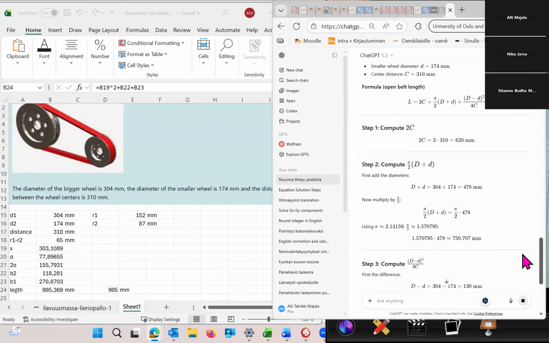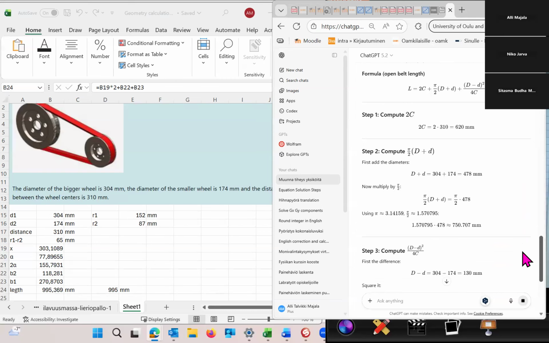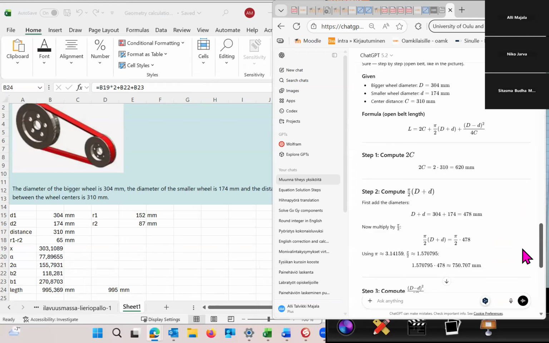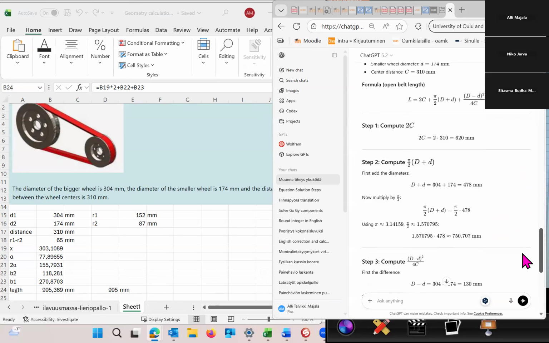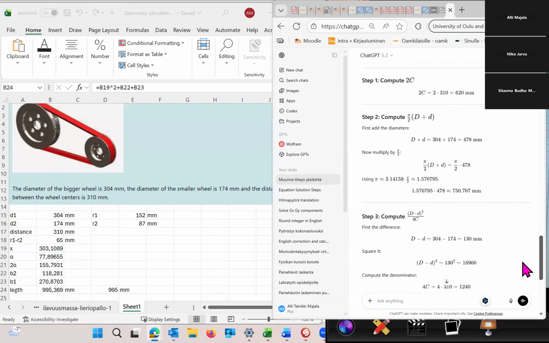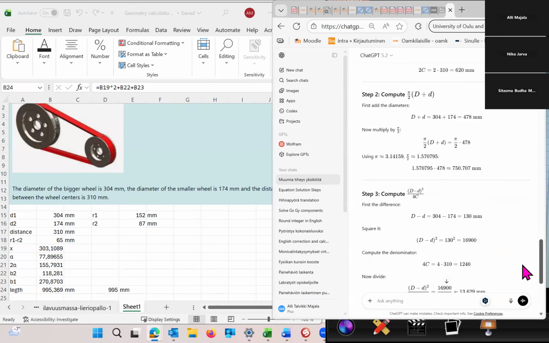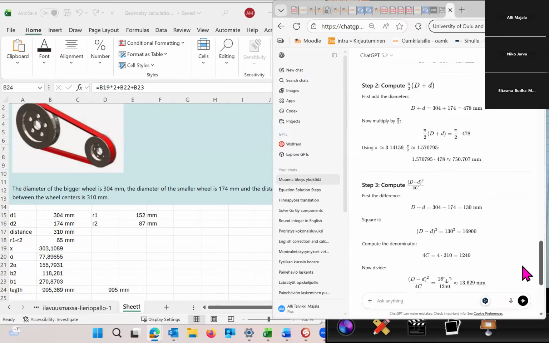Maybe it does a different way. Center distance. 2 times center distance. Okay, it does it some other way. Maybe this is even better. Compute P times D plus D. Oh.